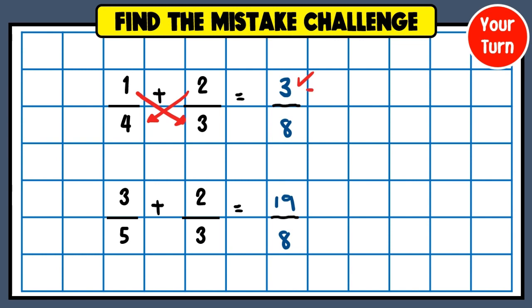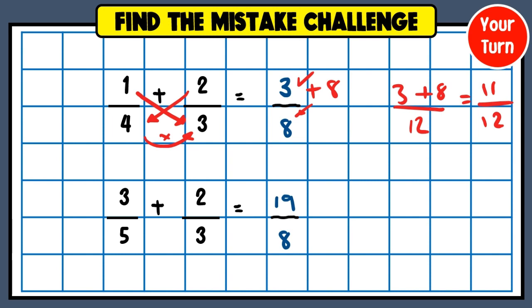So instead of putting the 8 there, I've actually put it in the denominator space, haven't I? So that's what's got it wrong there. So it should look like this. 1 over 4, so 3 add 8 over 4 times 3, which is 12. 3 add 8 over 12 is 11 over 12.